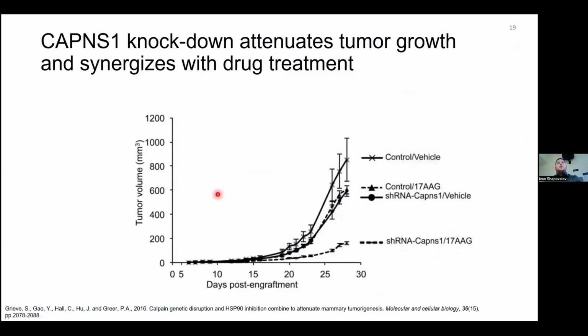For that reason, our lab has mostly resorted to using genetic inhibition of Calpains for the studies. For example, in this one study by Stacy Grieve, she has shown that when using shRNA against Calpain-1, she can demonstrate that Calpain-deficient tumors in mice grow slower, and that effect can be further emphasized if she combines Calpain-1 knockdown with treatment with 17-AAG, which is an HSP90 inhibitor.